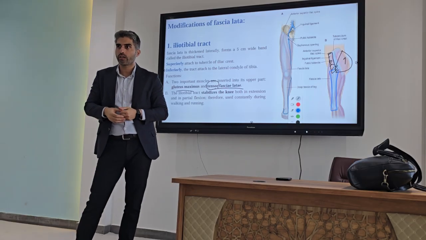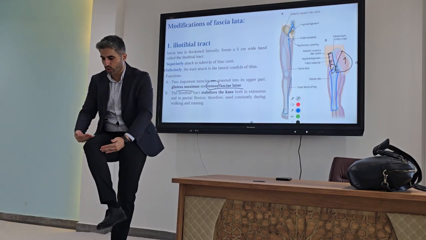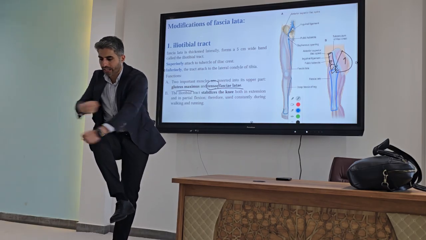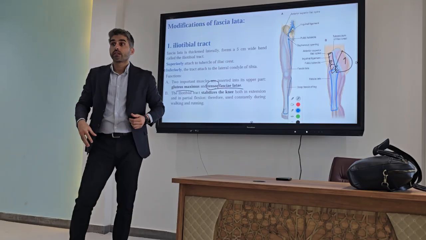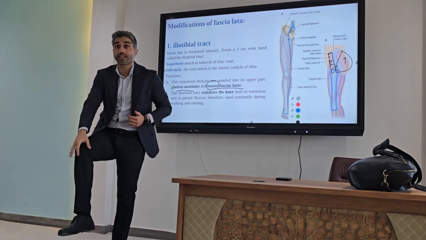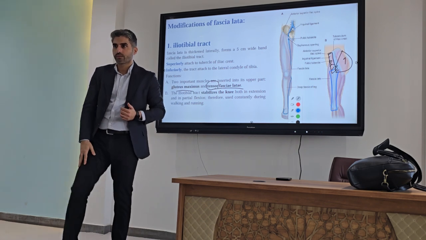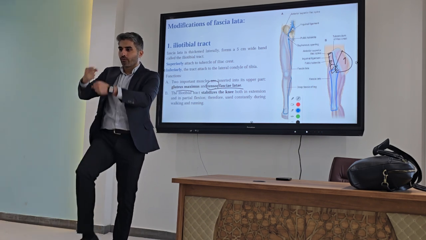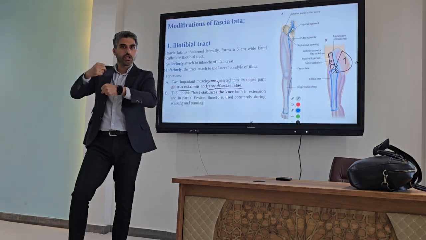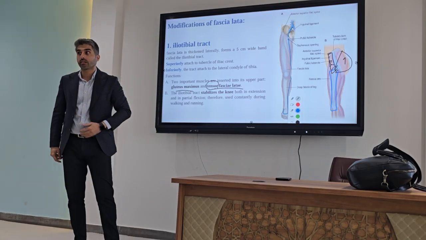Do you know why? Imagine your femur goes medial and your tibia goes lateral. This happens, and the ligaments rupture, the cruciate ligaments inside. When you have this damage, you have rupture of the cruciate ligaments.